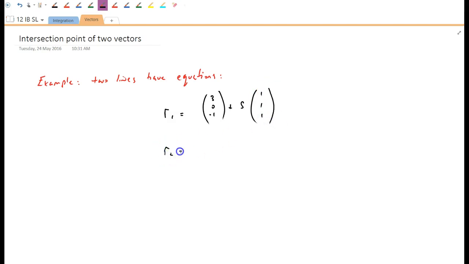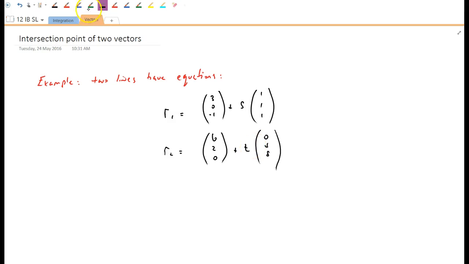That's R1. R2 is going to look like this: (6, 2, 0) plus parameter t times (0, 4, 8). So these are two vector equations, and for different values of s we get different points, don't we?